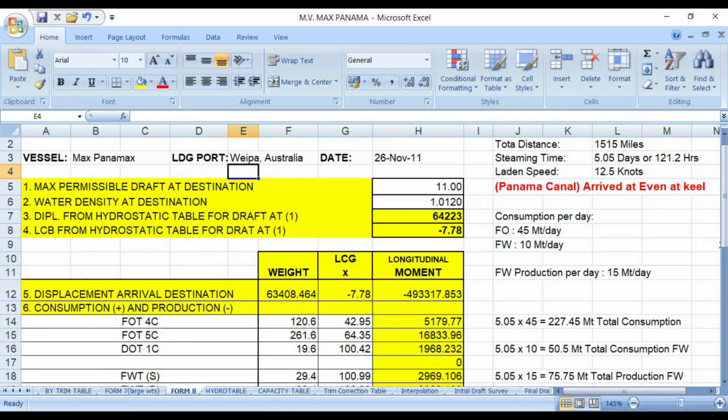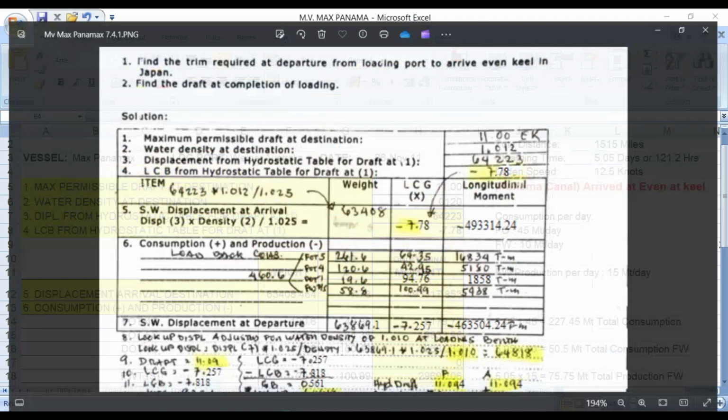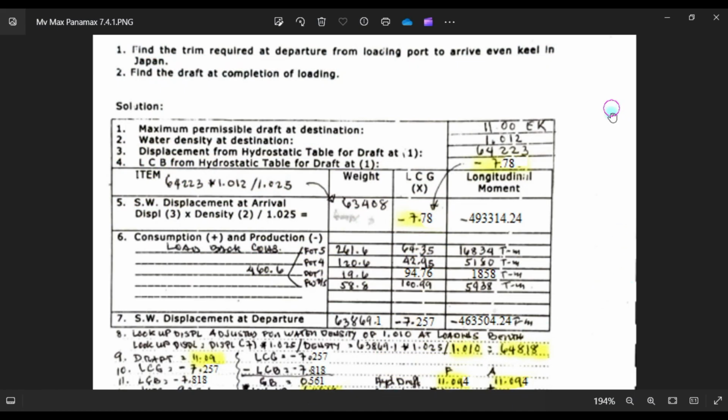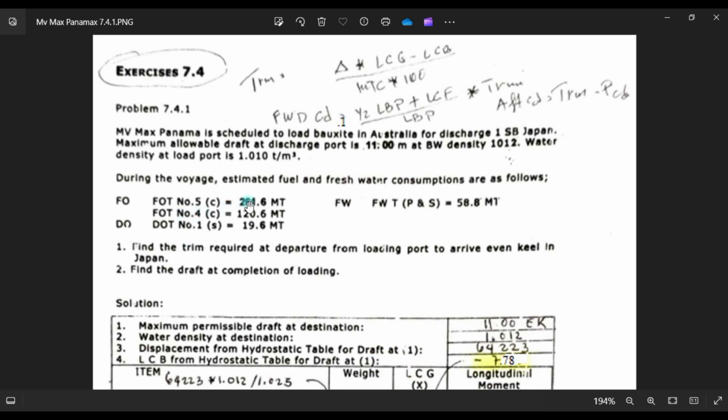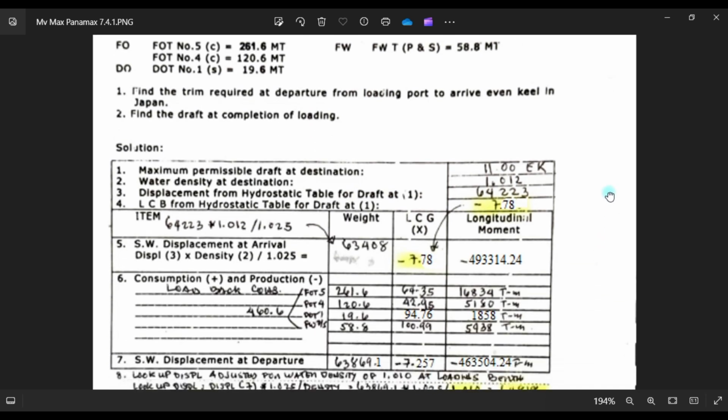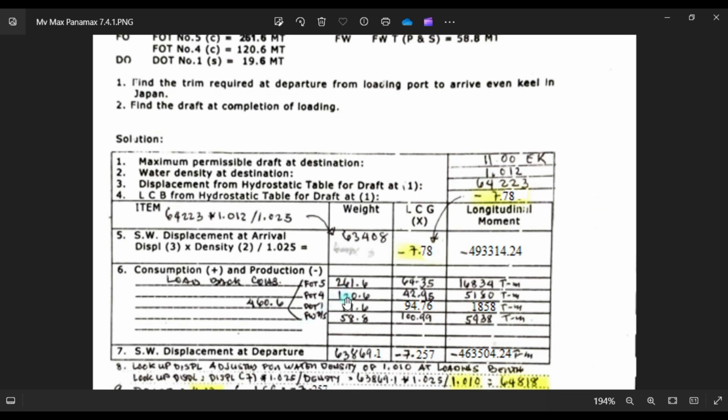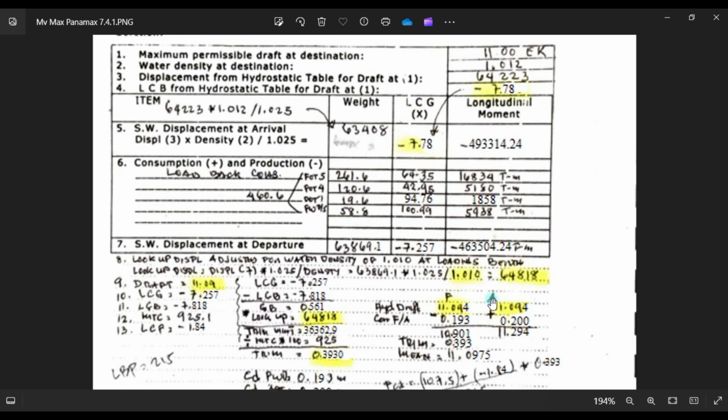Here are the consumptions, these figures that I have stated a while ago. Okay. And the corresponding LCG, and these will be the longitudinal moments. And proceeding to number 7, this will be the total displacement.